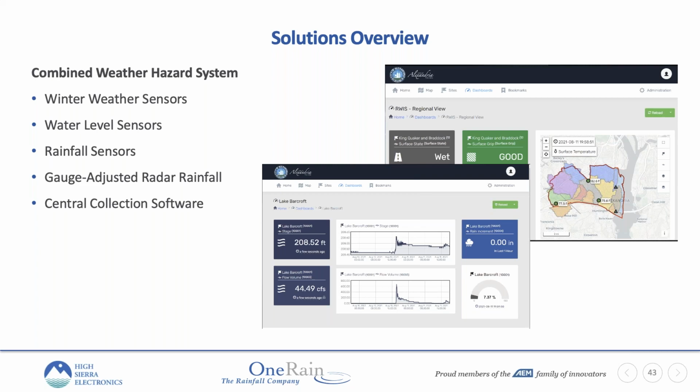They can actually take the data from the bigger network that's to their west and northwest and pull that data in to help see or foresee what's coming their way to make decisions. So having the central collection software is one of the main pieces of that puzzle to allow that complete solution to work in Alexandria. So that's going to wrap it up for the Alexandria case study.